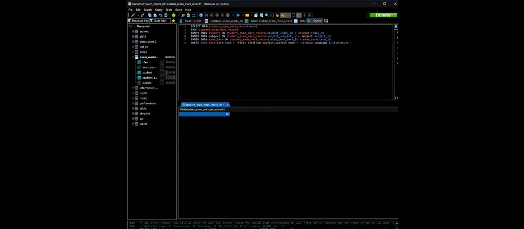Alright, and we need the student's name, so we can write the student's name inside brackets: student dot first name is equal to Sachitra, and student dot last name is equal to Vikramasinghe.